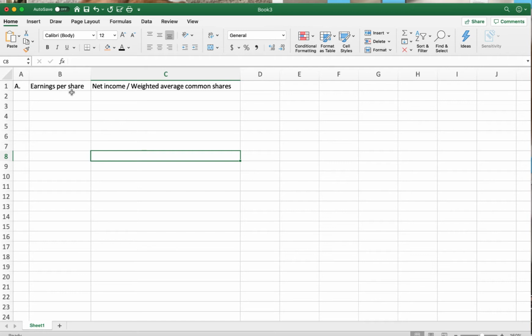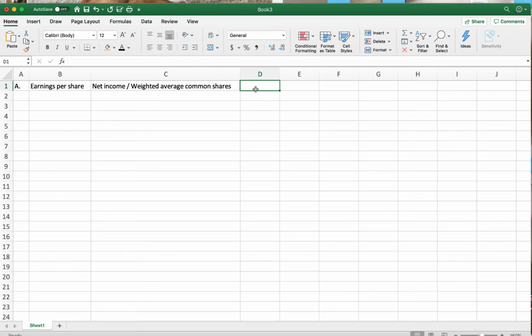And then we divide by the average common shareholders' equity, okay? What are we measuring here? Well, we are measuring the profitability of owners' investments. Oh, scratch that. I apologize. We're measuring net income earned on each share of common stock. Okay, that's what we're measuring.